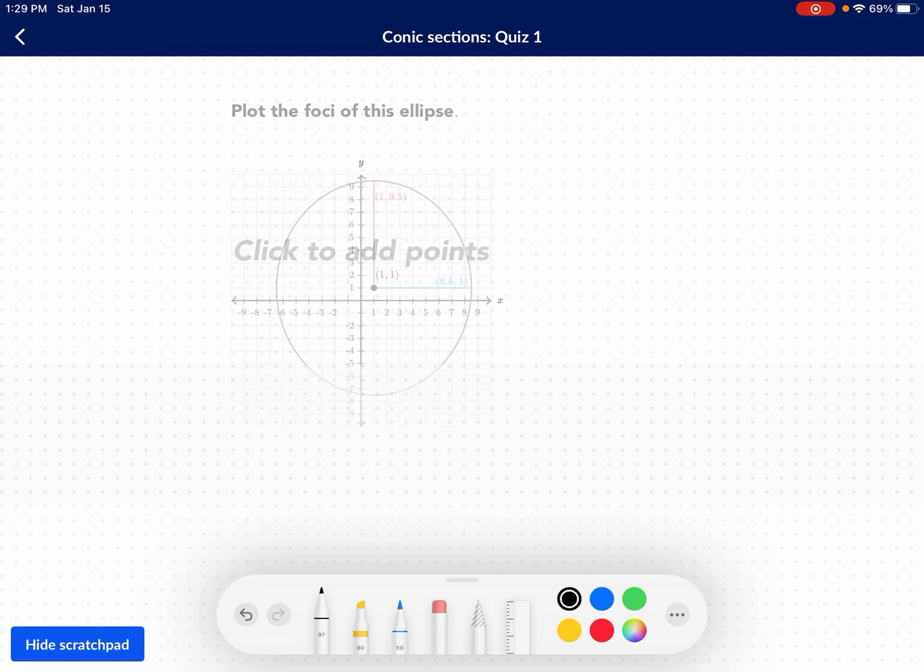Plot the foci of this ellipse. Okay, so the distance here is 7.5, because 8.5 minus 1, and there it's 8.5, because 9.5 minus 1 is 8.5. So I'll use this equation. The major radius is the y-axis, so I'll use b squared minus a squared, and the foci is what we're trying to find.